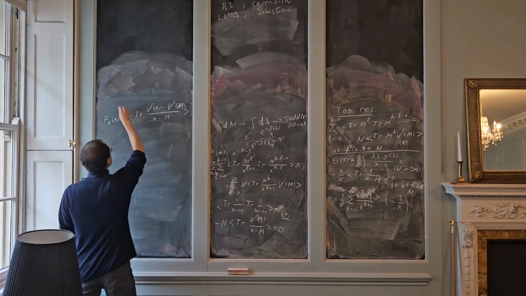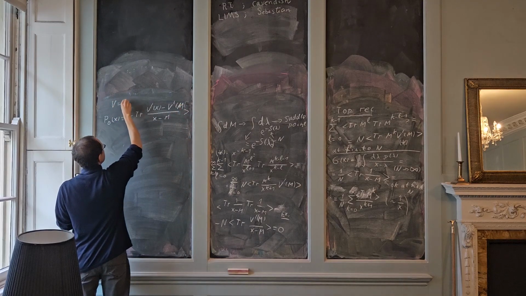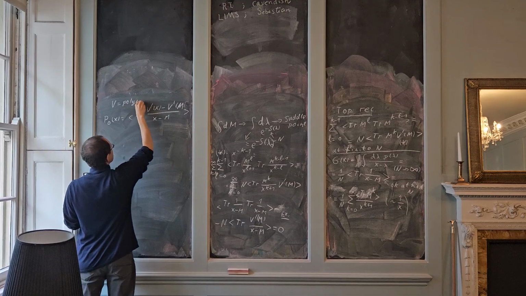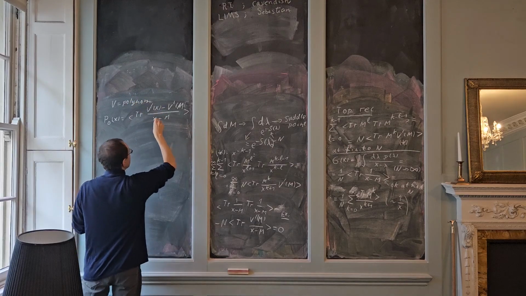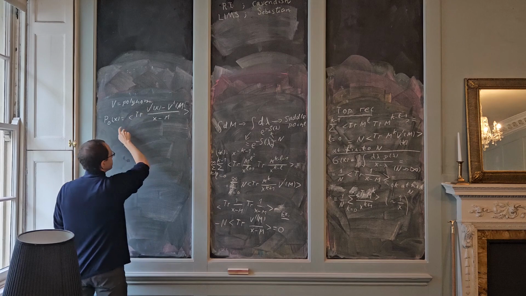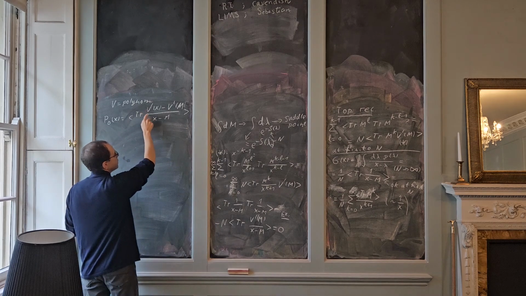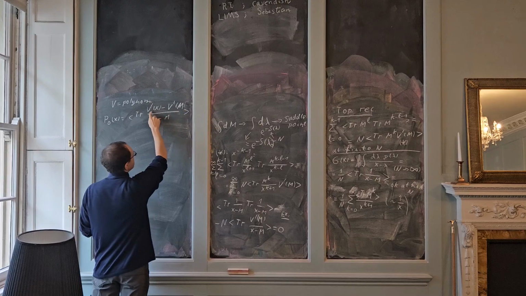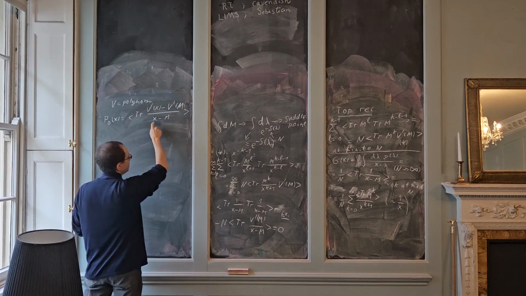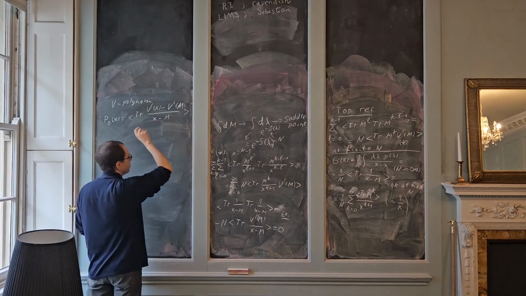So assume v is a polynomial. Then this thing will also be a polynomial. Why? Well, the numerator is a polynomial of some finite degree. The denominator is a polynomial of the first degree.